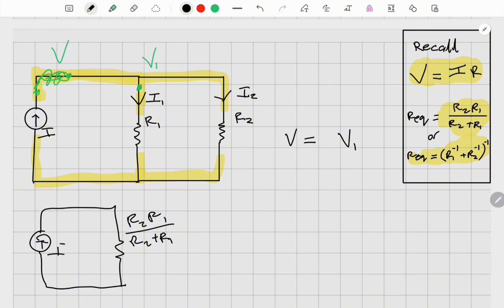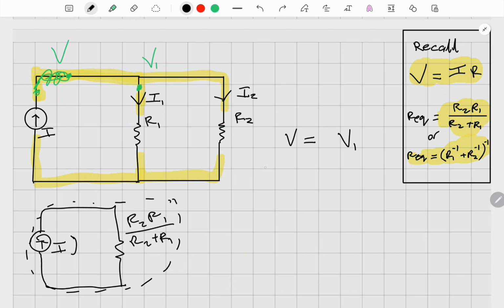And the current source stays the same. And if we use Ohm's law on this circuit, then we could get our voltage. If we use V is equal to IR, so multiply this I by this resistor, or this big parallel equation, then we'll get our voltage V.